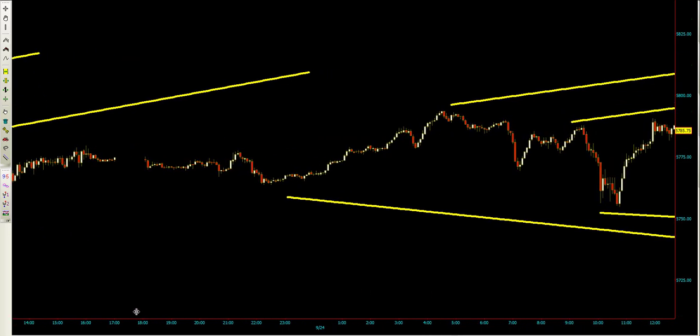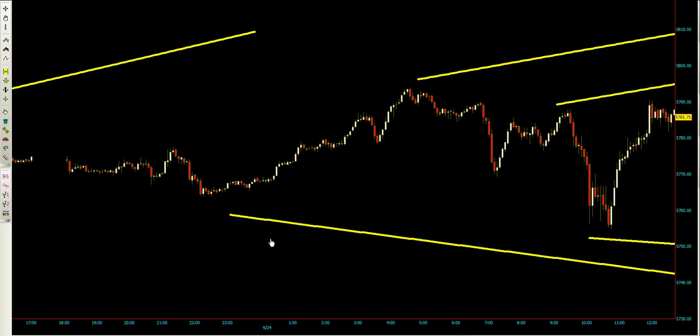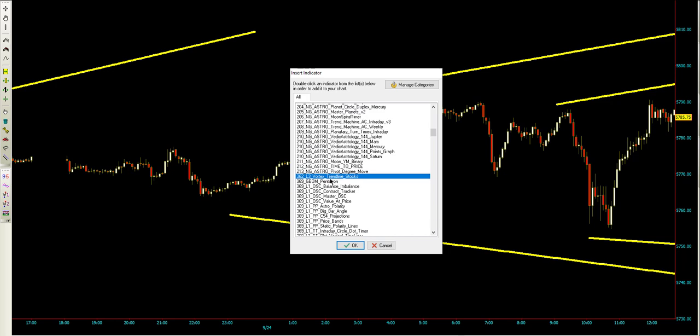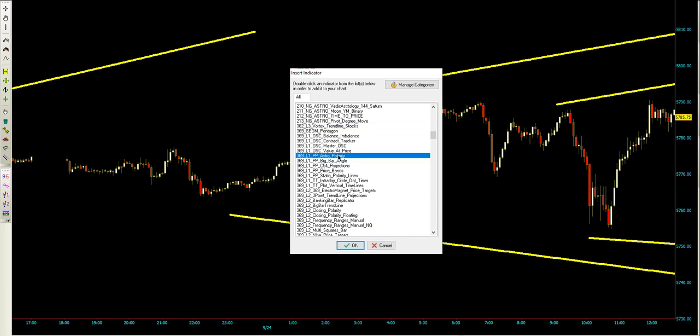So how do we trade? You can simply put something like polarities, which we have shown. So let's put it on. And level 1 polarities. So let's go to polarity, astro polarity.